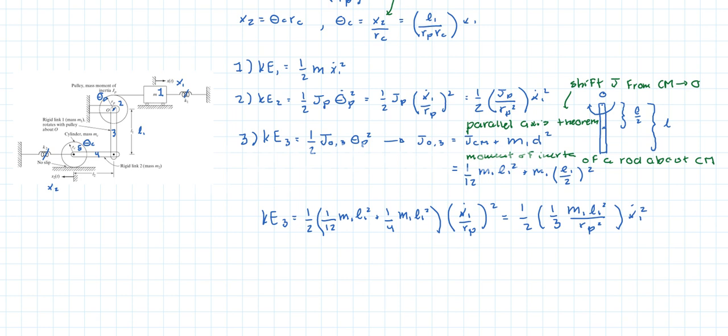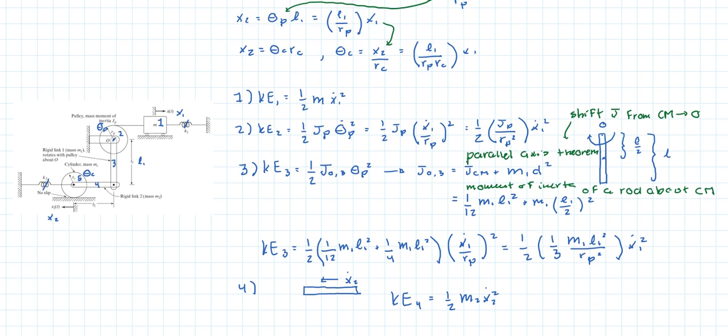Now the fourth element really is just a rod moving in the same direction as x2. So KE4 is equal to 1/2 m sub 2 times x dot sub 2 squared.